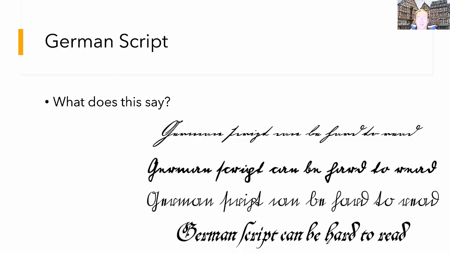So would you have been able to read the three above that? The answer is probably not. The E's look like N's, the H's look like F's. There's all sorts of different lettering, so you have to understand the lettering that might be used.